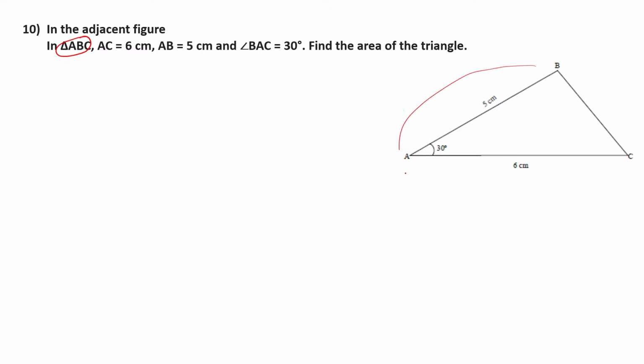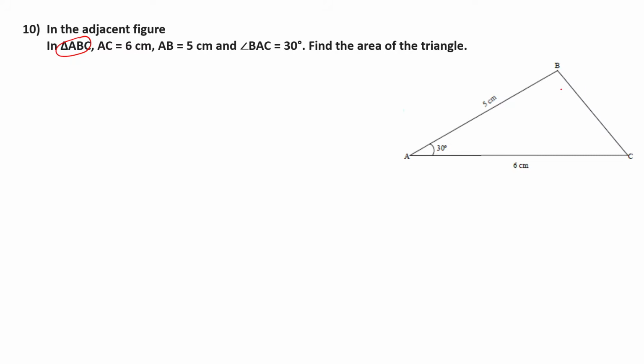We need to find the area of this triangle whose two sides are given. The 5 centimeters and 6 centimeters are not hypotenuse; they are simply sides. So using this given information, we need to find the area. The area formula is half into base into height. Since we don't have the height here, we need to drop a perpendicular.